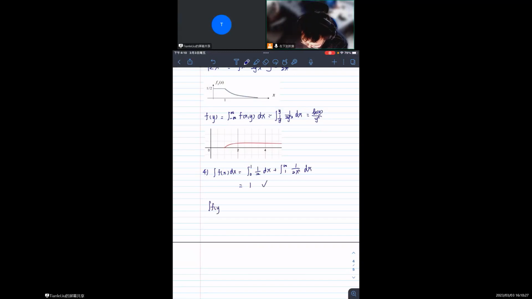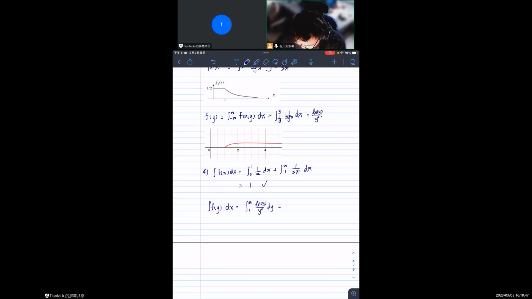And for f_Y, same way, we will do it in the range of y, which is 1 to infinity, with the integral of 2 ln y over y squared dy.